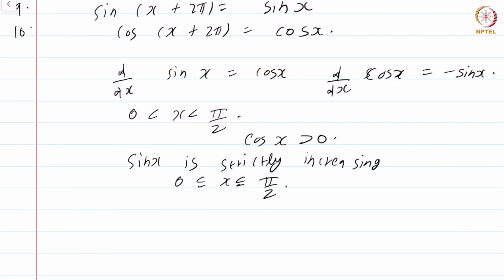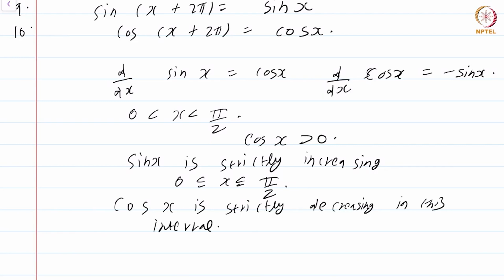Exactly in the same way, we get that cos x is strictly decreasing in this interval. So we know that in 0 to pi by 2, sine x is strictly increasing from 0 to 1, and in a similar way cos x is strictly decreasing from 1 to 0.